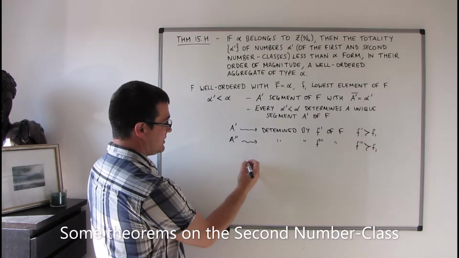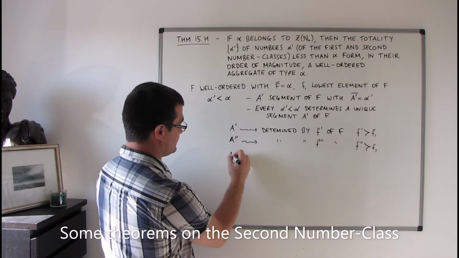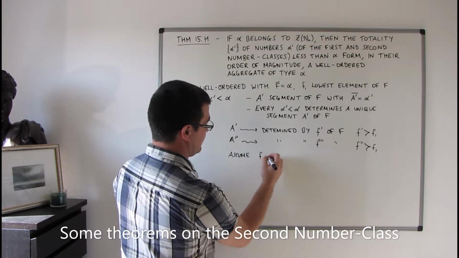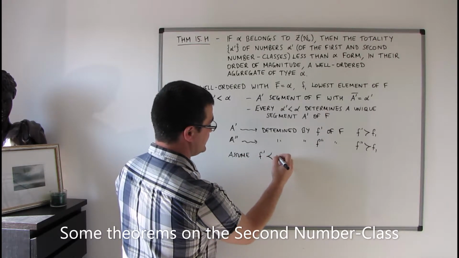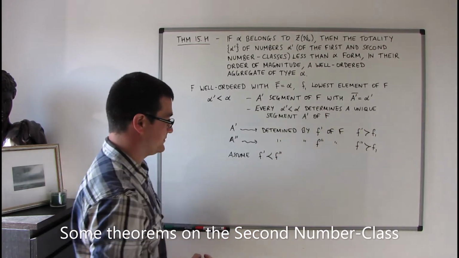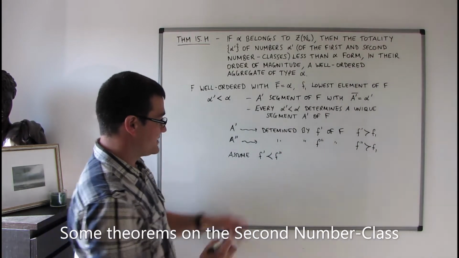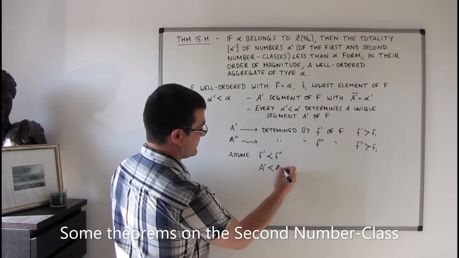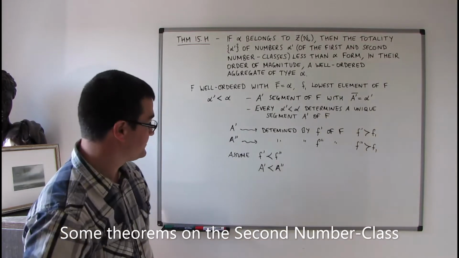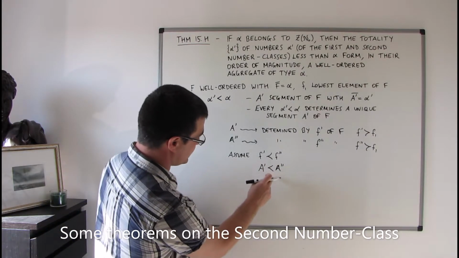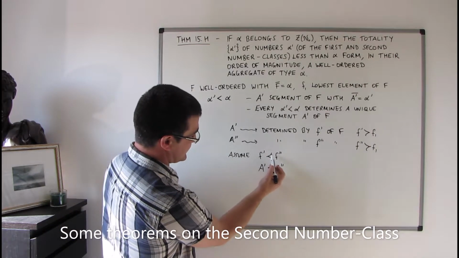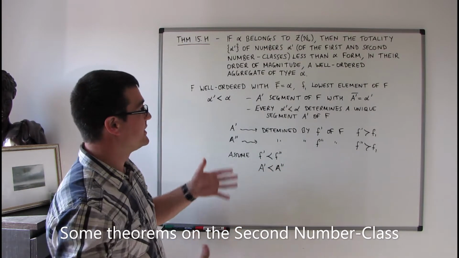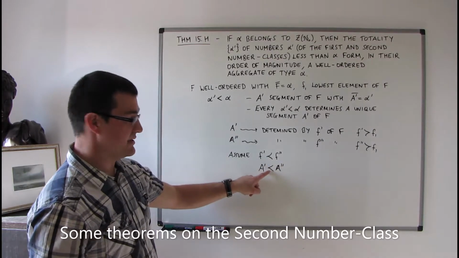So now let's have a think about this. Let's assume that f' precedes f''. Then that means that the segment A' is smaller than the segment A''. These look similar, but that's the simple order on the aggregate F, and this is the less than.